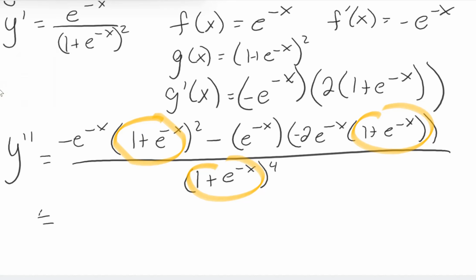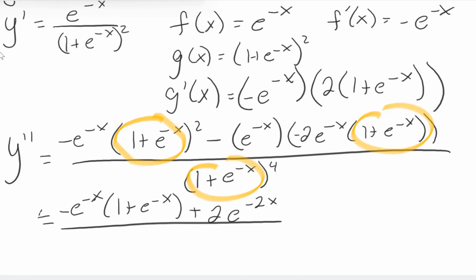So I'm now left with negative e to the negative x times 1 plus e to the negative x plus 2e to the negative 2x all over 1 plus e to the negative x to the third.